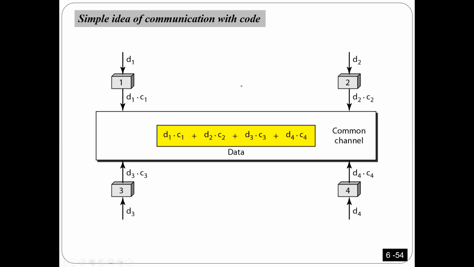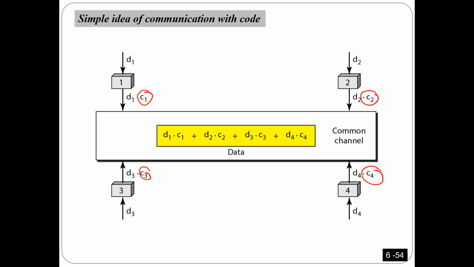The idea here is that every computer has a code. We agree on that. For example, this one has C1, this one has C2, C4, C3. And you are going to use this code all the time. You're not going to change it.